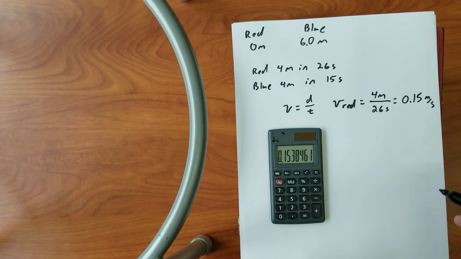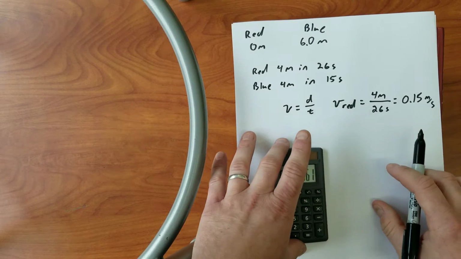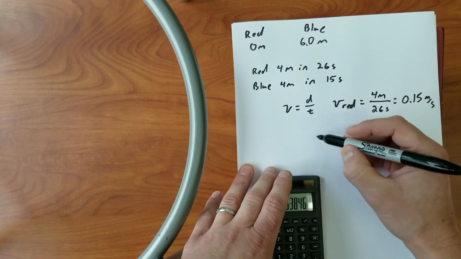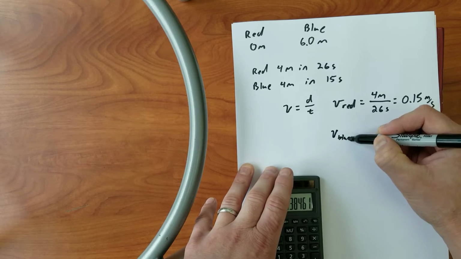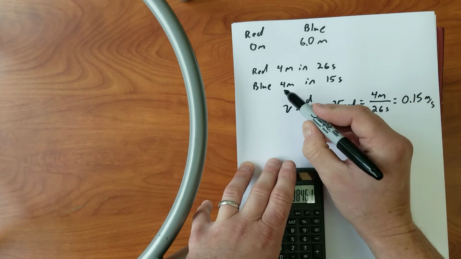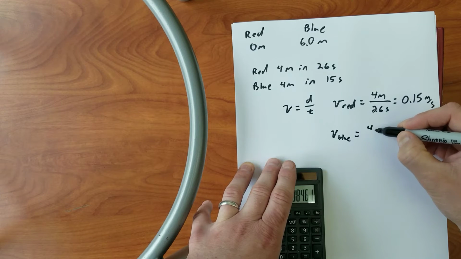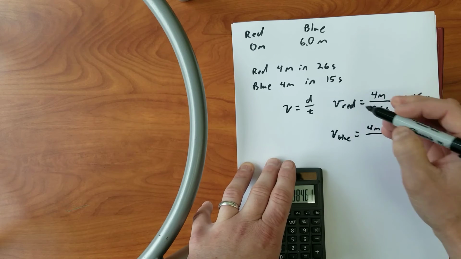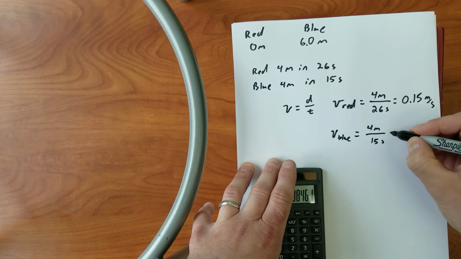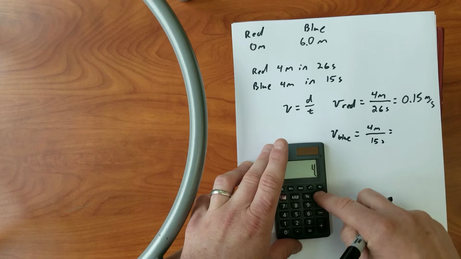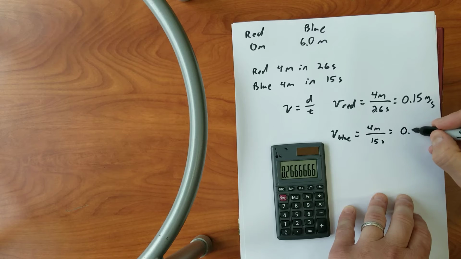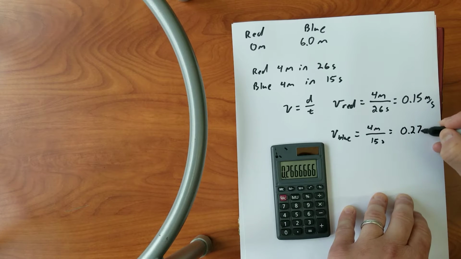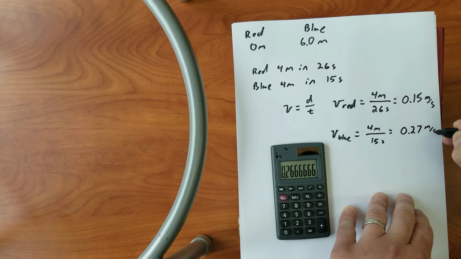And that was a slow car, so that makes sense. It's quite slow. And now let's say velocity v sub blue, the velocity of the blue car. That is going to equal the distance, 4 meters, divided by 15 seconds, which equals 4 divided by 15. And that gets me 0.27 meters per second.